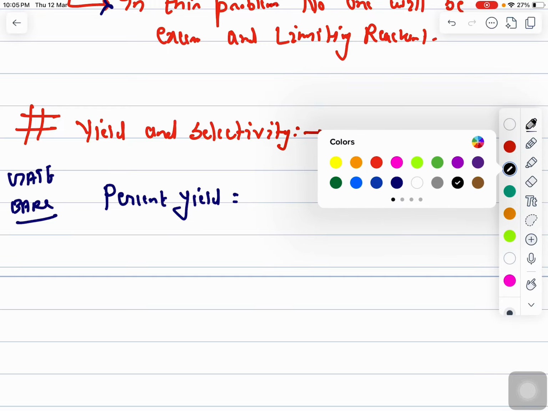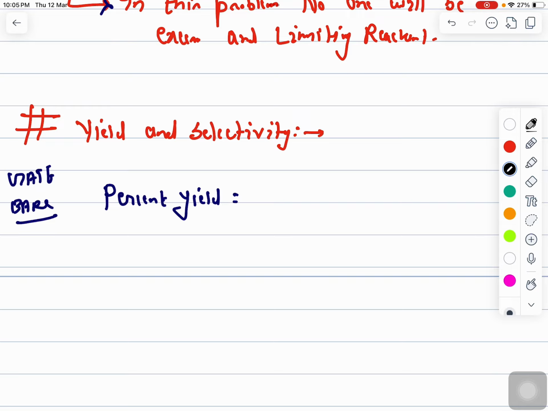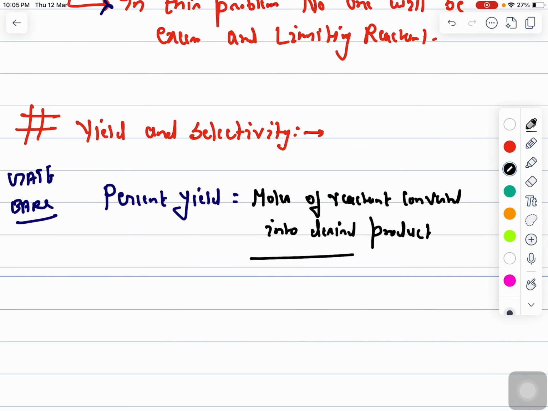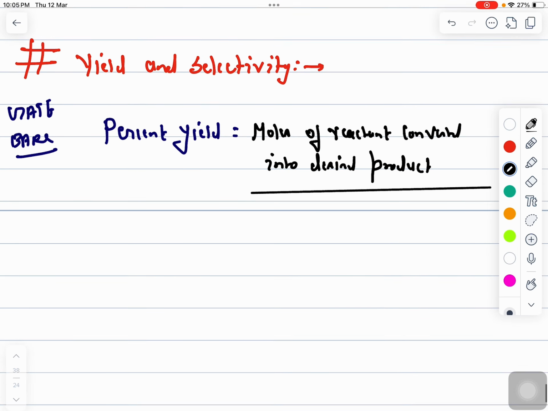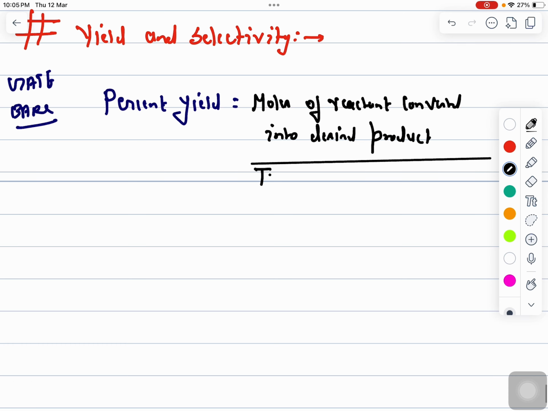So percentage yield can be defined as moles of reactant converted into desired product divided by total moles of reactant converted, and then you have to multiply this with 100 because you are dealing with percent.